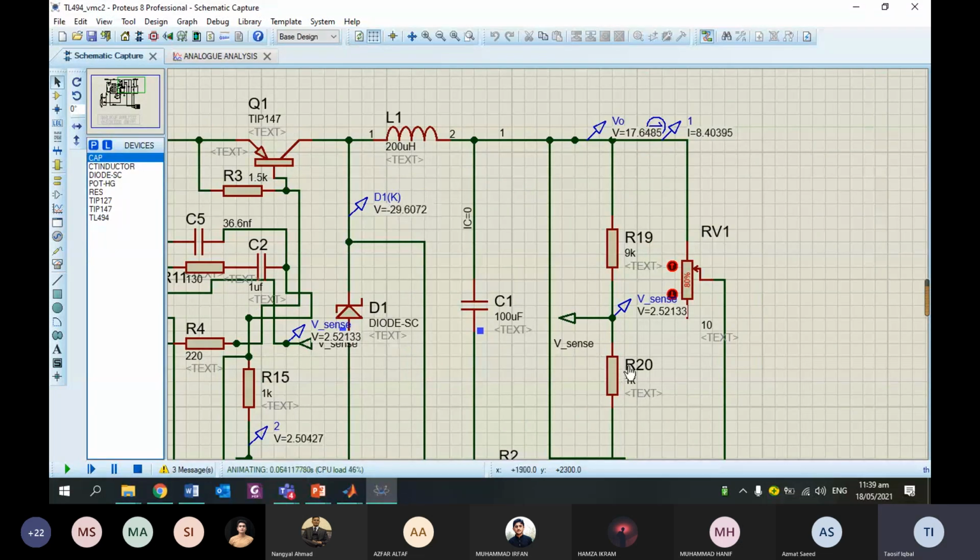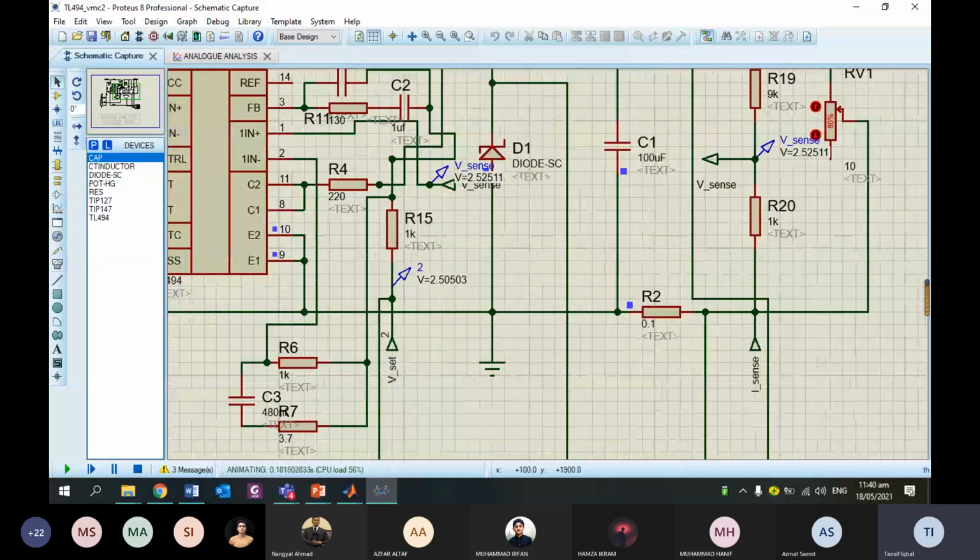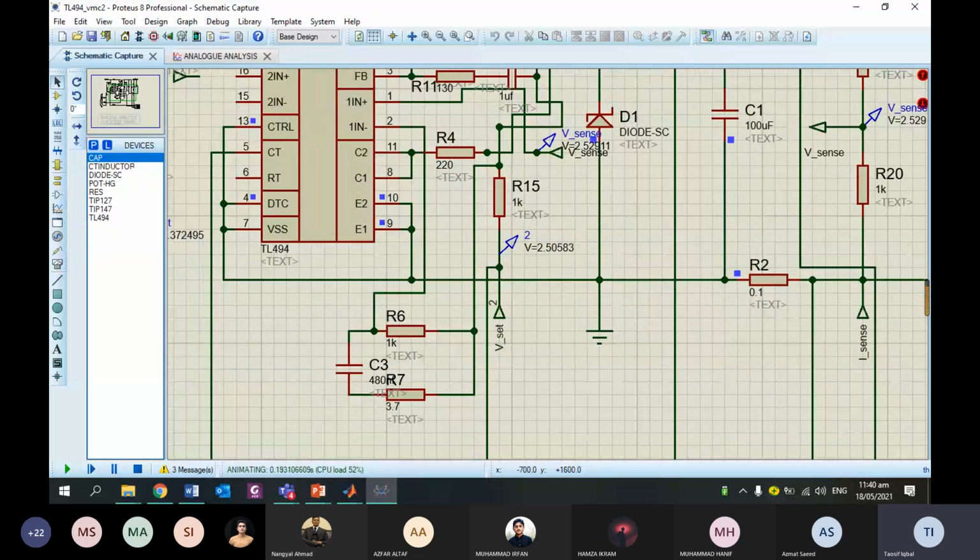We can reduce the ratio a little bit, and by this we can adjust it to 16.2 as we wanted, but that doesn't matter at all. Our main focus is to find out whether our control system is working or not.